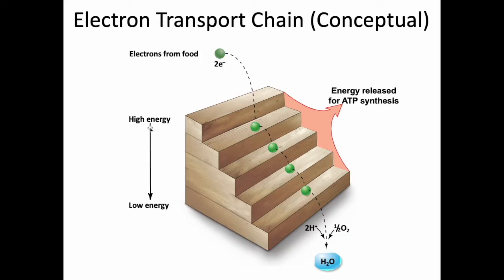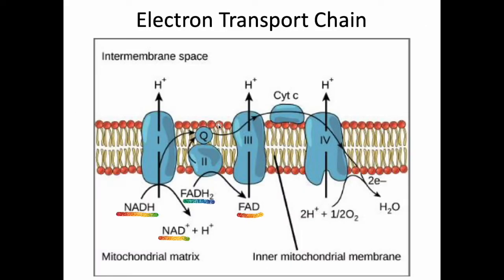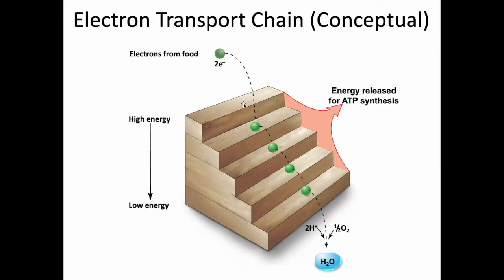As these are passed from carrier to carrier in this transport chain, they lose some of their energy. They get lower energy, they lose more of their energy, until, again, final destination, oxygen gas, which grabs some hydrogens from the surrounding water to create more H2O. So yes, we're going from electrons to an oxygen to H2O, but energy is lowering as we go. This is very important.